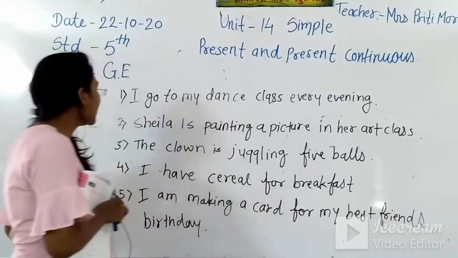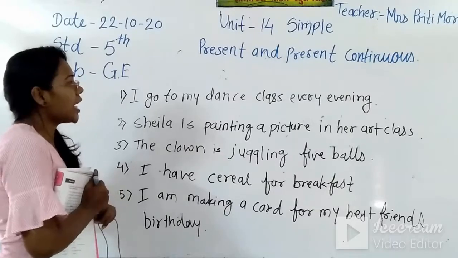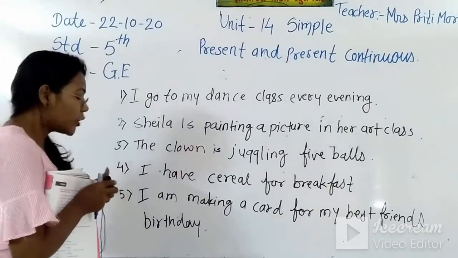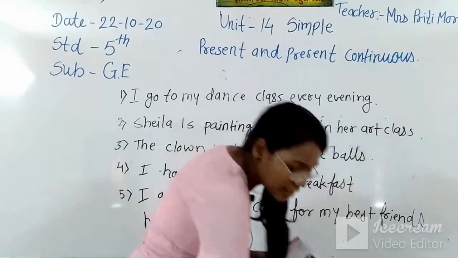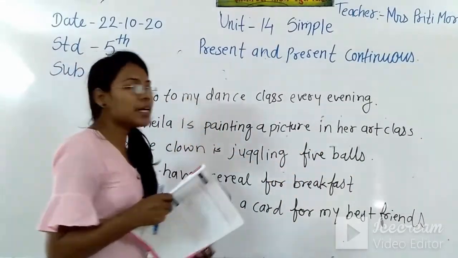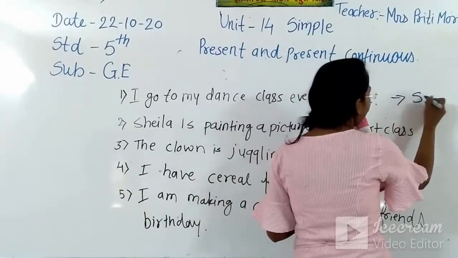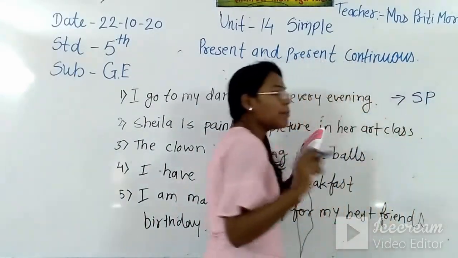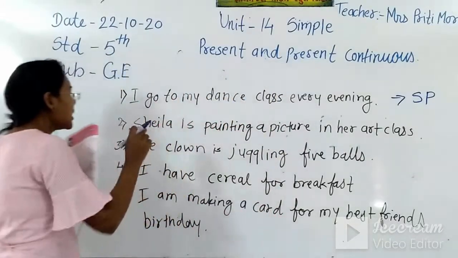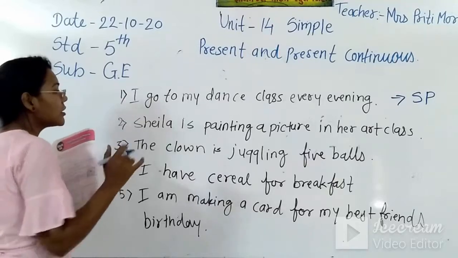So the first sentence is: I go to my dance class every day. That means a regular action is written there. For a regular action we use simple present tense. So what we have to write beside it: SP, simple present tense. Sheila is painting a picture in her art class.